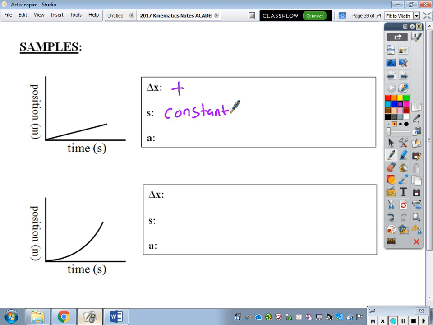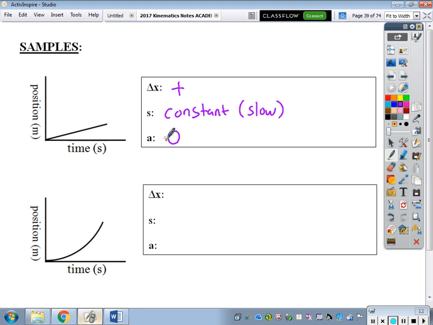We're not necessarily asked to do it here, but we will be in some later examples: we are going to have to differentiate between whether that constant speed is fast or slow. Remember, the steeper the slope, the faster it's going to be. Relatively speaking, I think most of us could agree that that's a very gradual slope, so that's going to be a relatively slow speed. And we have a constant speed, so the acceleration has to be 0.